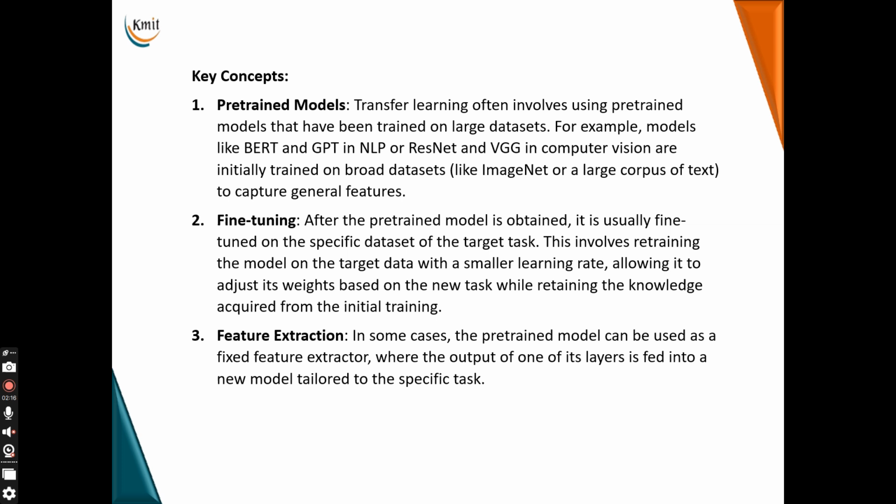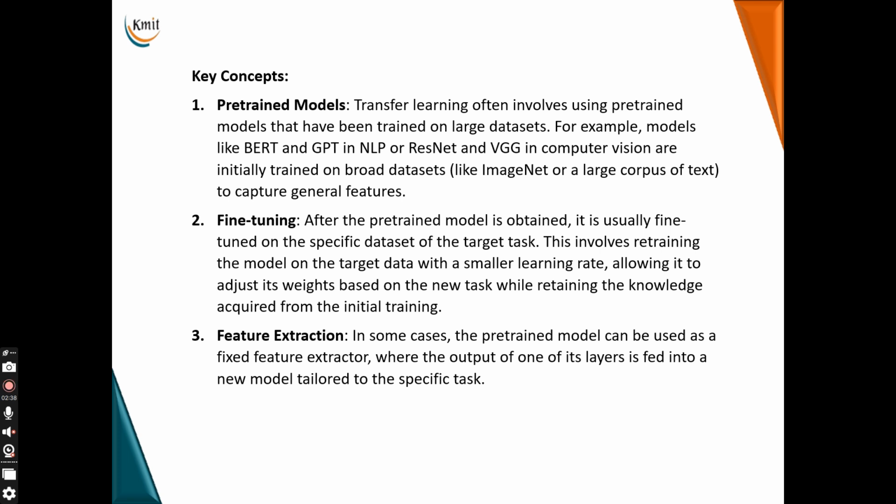Next, fine tuning. Once we have identified which pre-trained model is to be used, generally we go for fine tuning on the specific data set. You have taken the pre-trained model, now you are trying to apply that to the data set which you are using in order to solve the specific task.